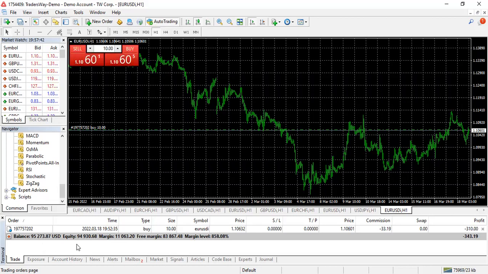I hope I'm not making this complex. You have to take your time to understand the concept, how it works. But don't focus much on the calculation. Just focus on how it's being used in the market system.